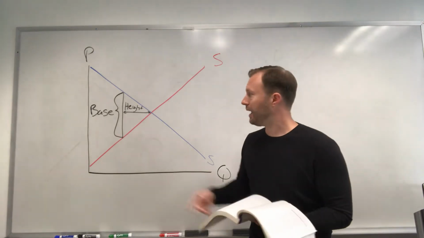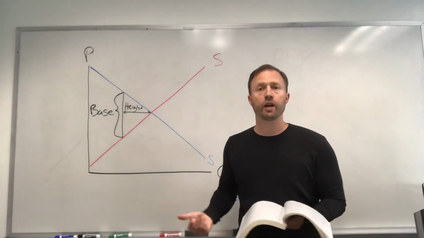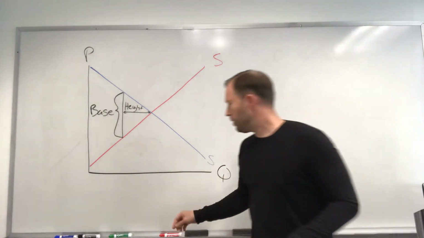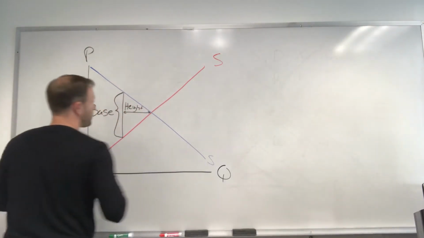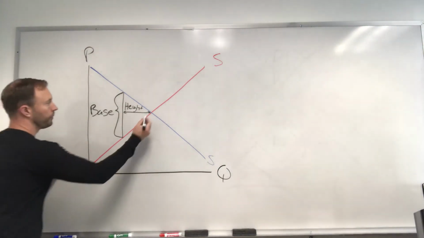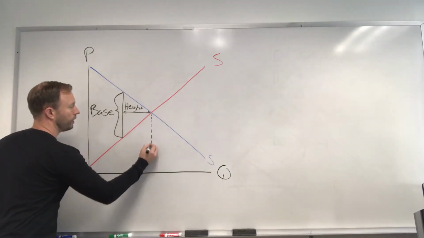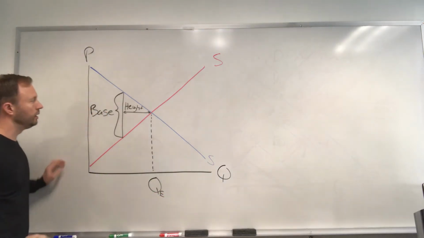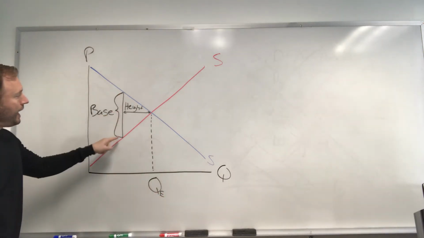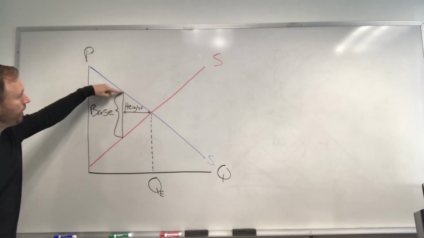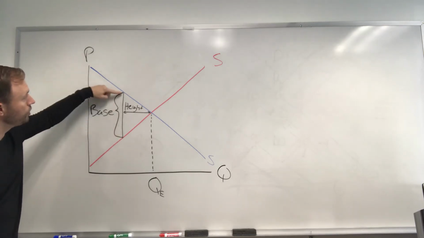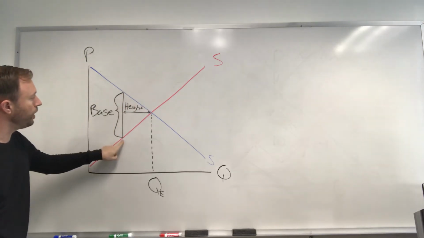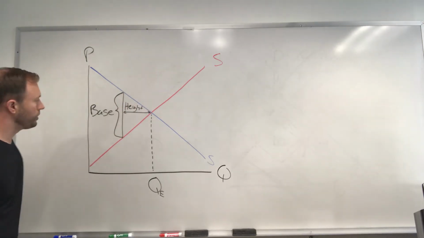And then what about the height? The height represents the reduction in transactions because of the tax. So note that if this market were in equilibrium, you would get this quantity of units, QE. However, once the tax is imposed, the price to the buyers is too high to be worth purchasing these extra units, and it's too low to the sellers to produce those extra units.